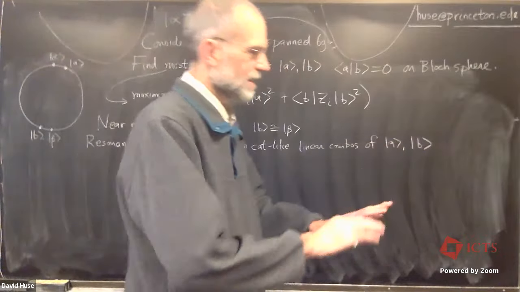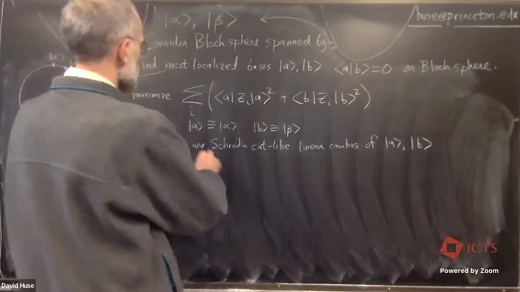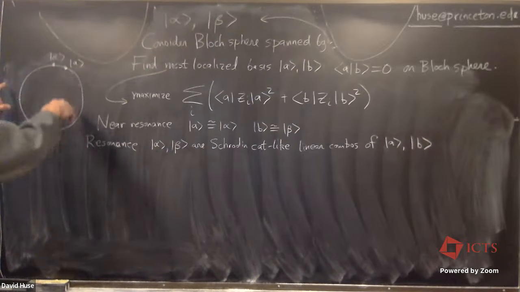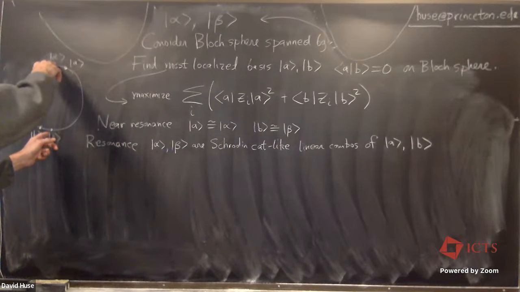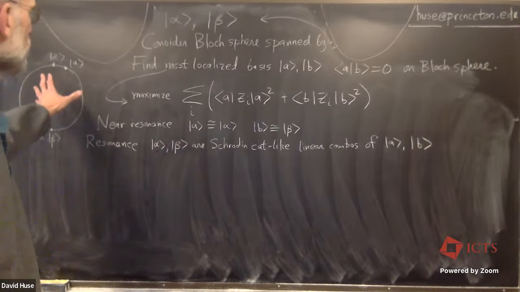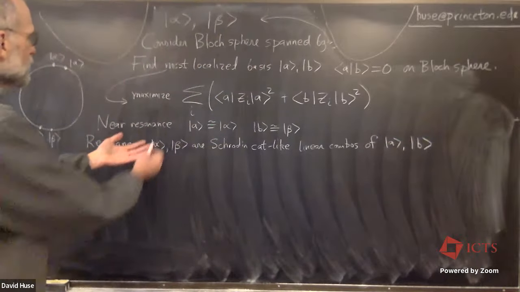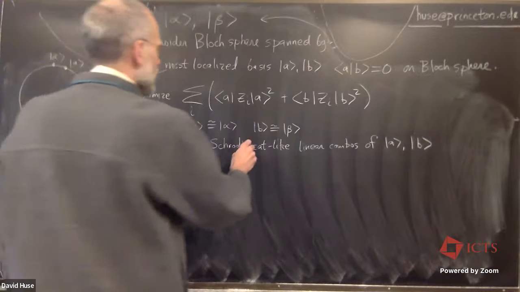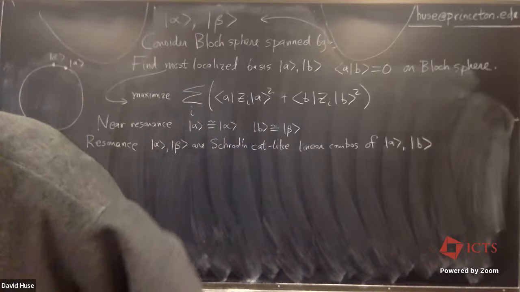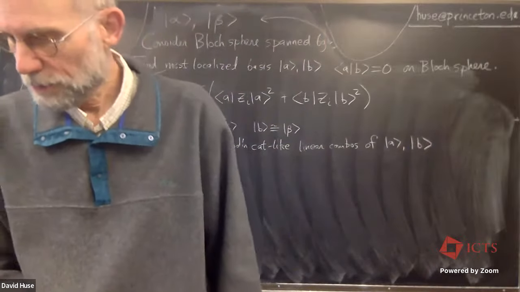A and B differ over the whole system, and alpha and beta are linear combinations, so that would be the case when A and B are down near the equator. This is the case when A and B are right near alpha and beta, and this is the case when they're down near the equator. And then the system really has a resonance. It's taken two localized basis states, and the Hamiltonian has mixed them into eigenstates that are Schrodinger cat. And these two basis states differ end to end.